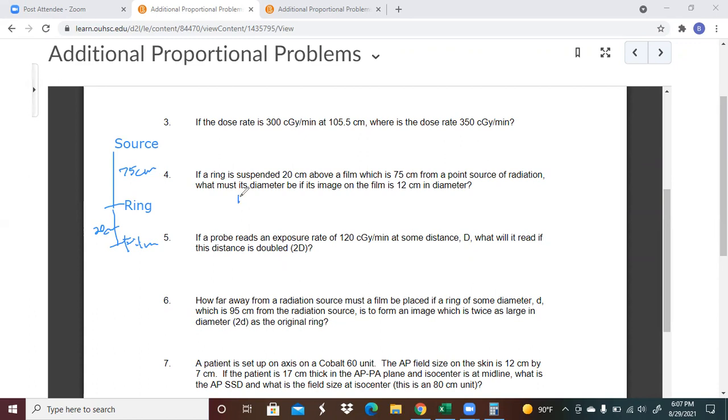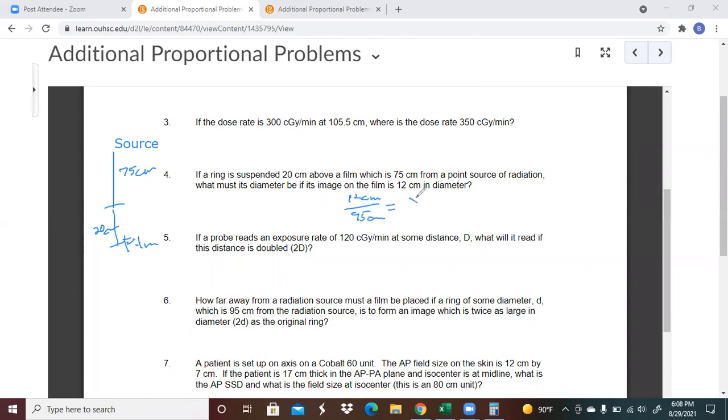So we know that we've got 12 cm when it is 95 cm away. Let's see if I can write this legibly like a human being. And let's try this again. 12 cm at 95.